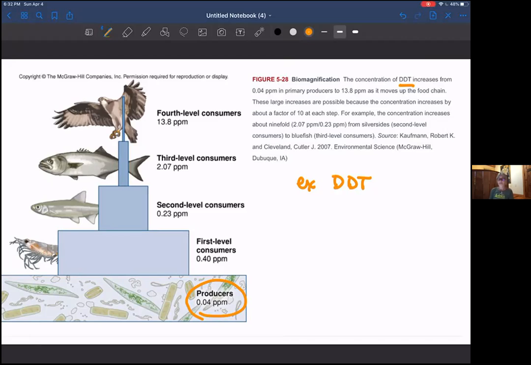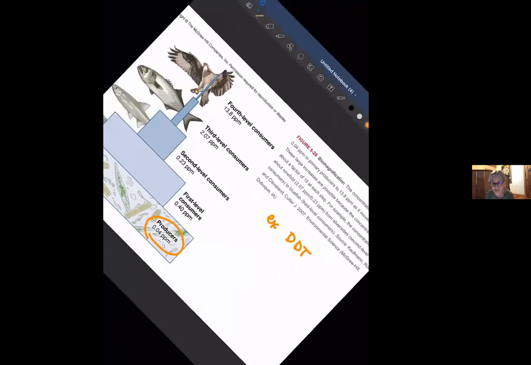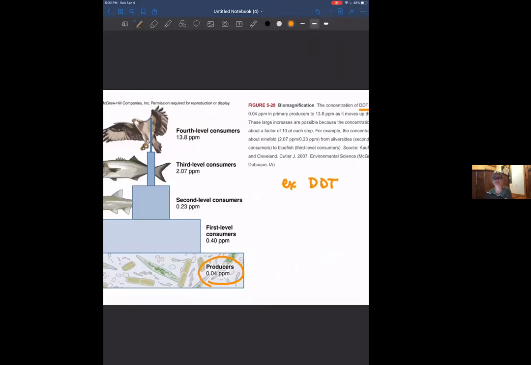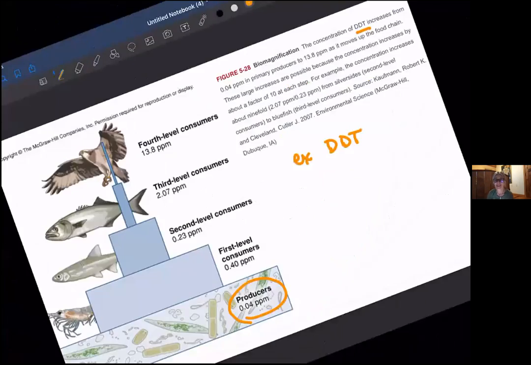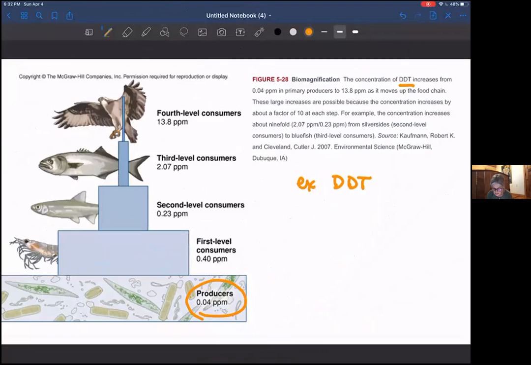And so there was a big push, and you might have heard of the person that first came up with this idea of this problem, and her name was Rachel Carson. So she wrote a book called The Silent Spring.